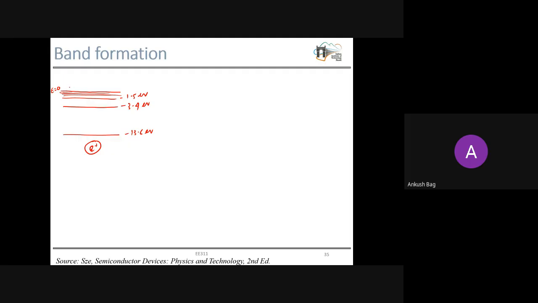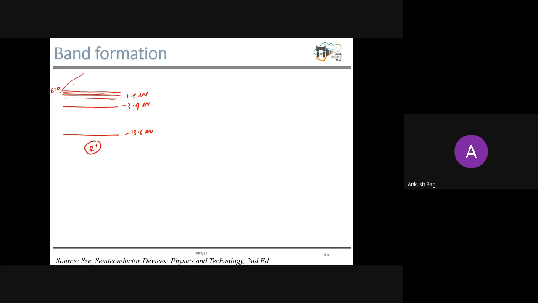Now the next question: what is above E equals 0? Are the energy levels discrete or continuum? Above E equals 0, the electrons are not bounded to the nucleus or proton, so the electron can take any energy level.